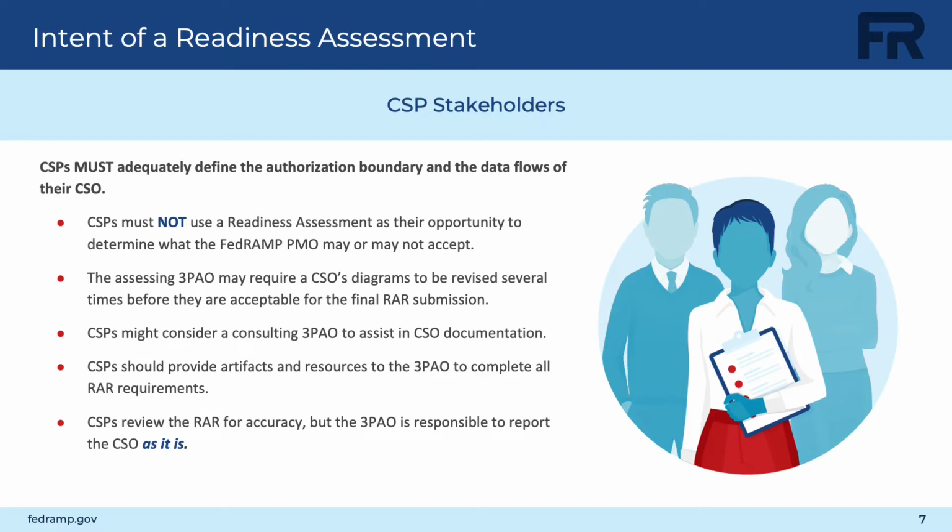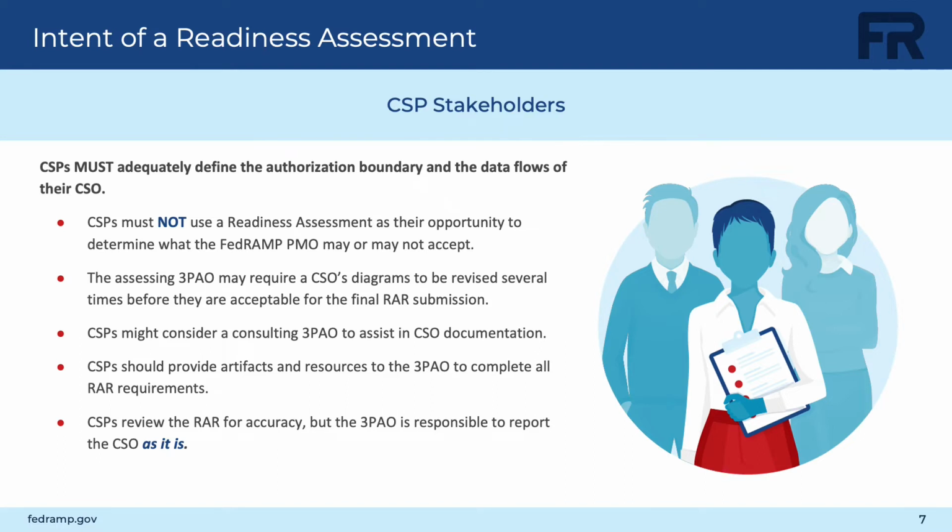CSPs must not use a readiness assessment as their opportunity to determine what the FedRAMP PMO may or may not accept. If a CSO does not fully implement the federal mandates, the CSO will not be accepted as FedRAMP ready. 3PAOs must ensure all comments and feedback provided by the FedRAMP PMO have been addressed before resubmitting updated RARs.